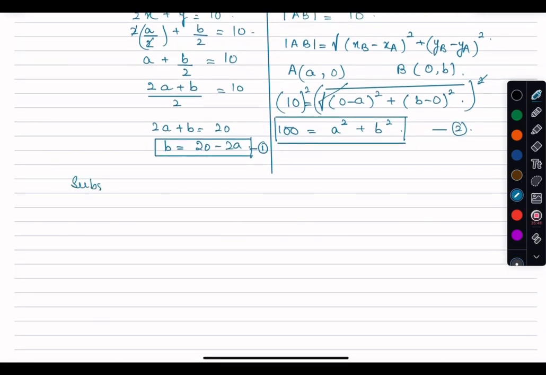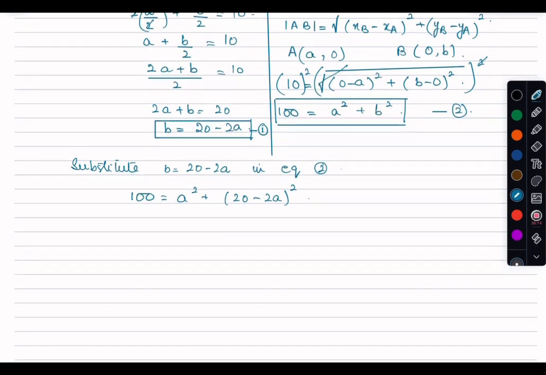So I'll just say substitute b equals 20 minus 2a in equation 2. I can say it's 100, which is equal to a square plus 20 minus 2a the whole square. The entire equation is in terms of a. That means I should be able to get the a value here.